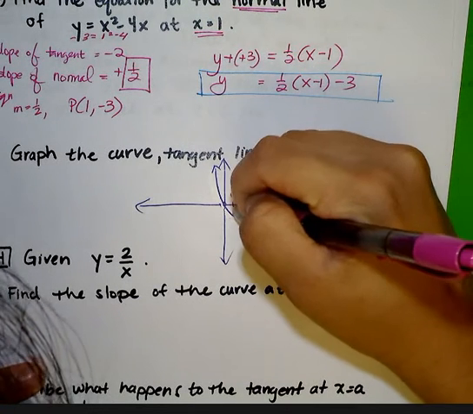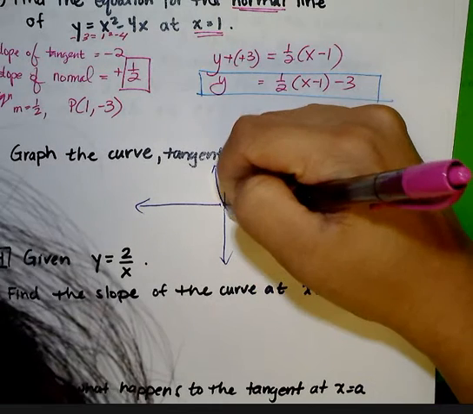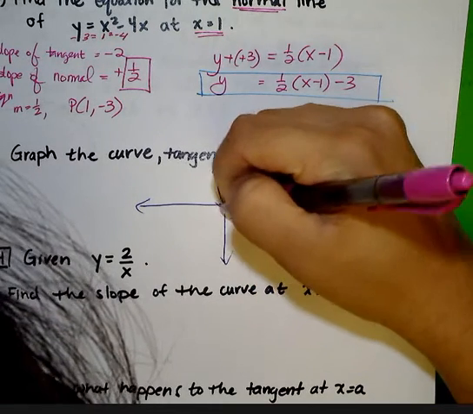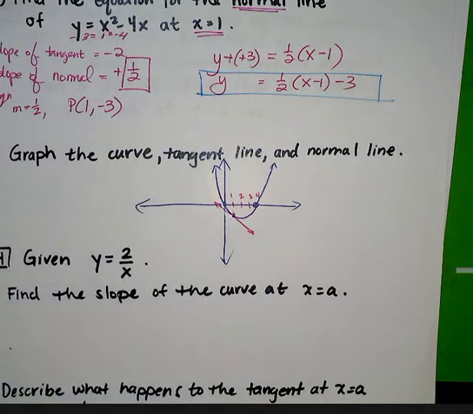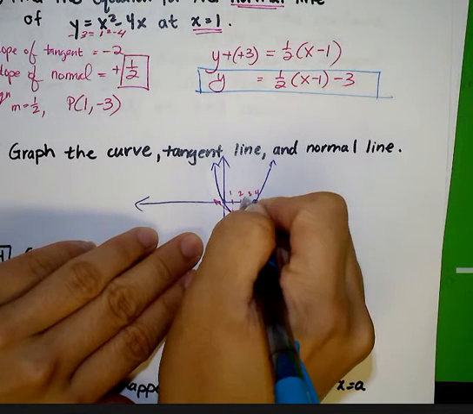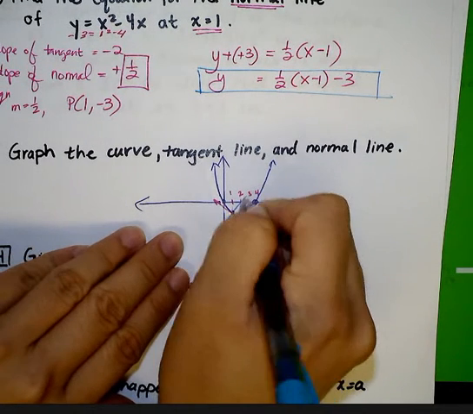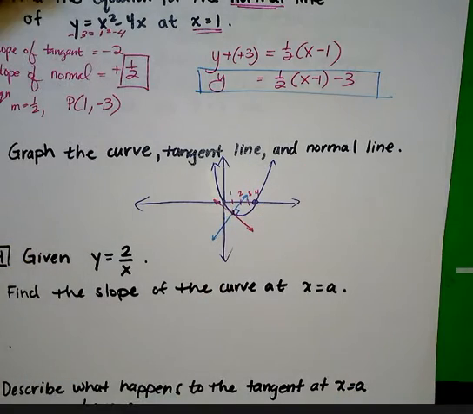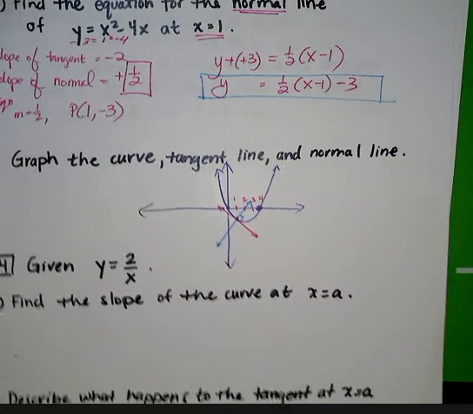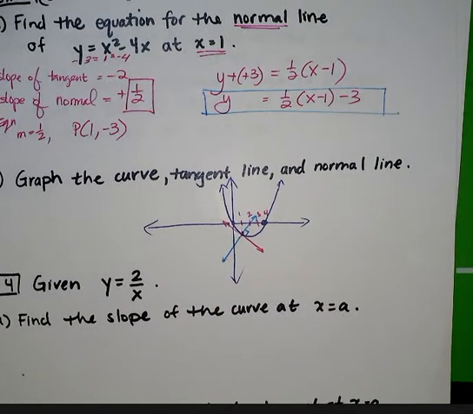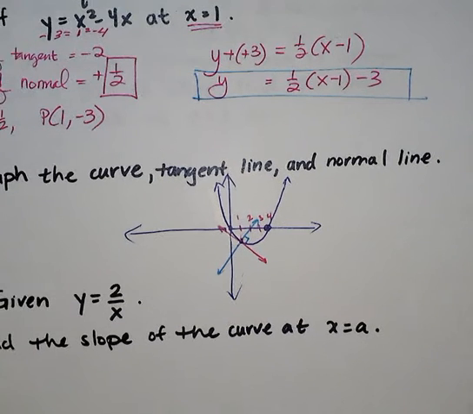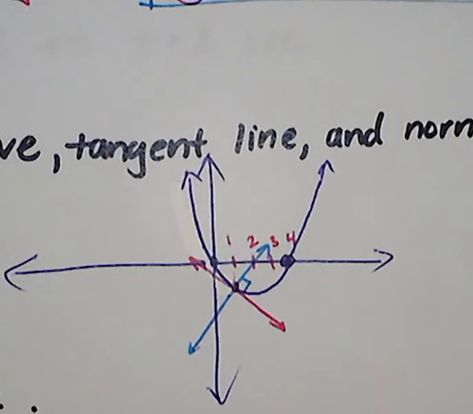At 1, our tangent line was going to be something like this. And our normal line was going to be something like this. Right? And this actually has applications in physics. Believe it or not.